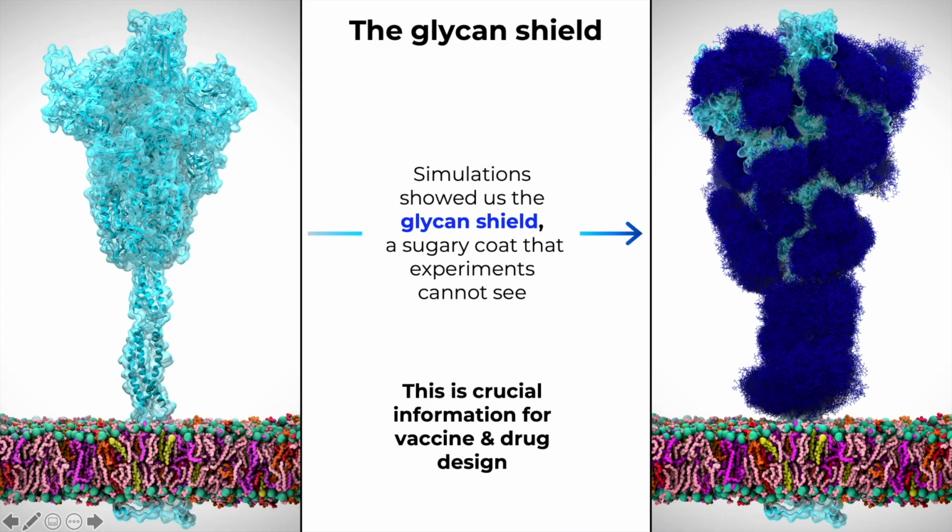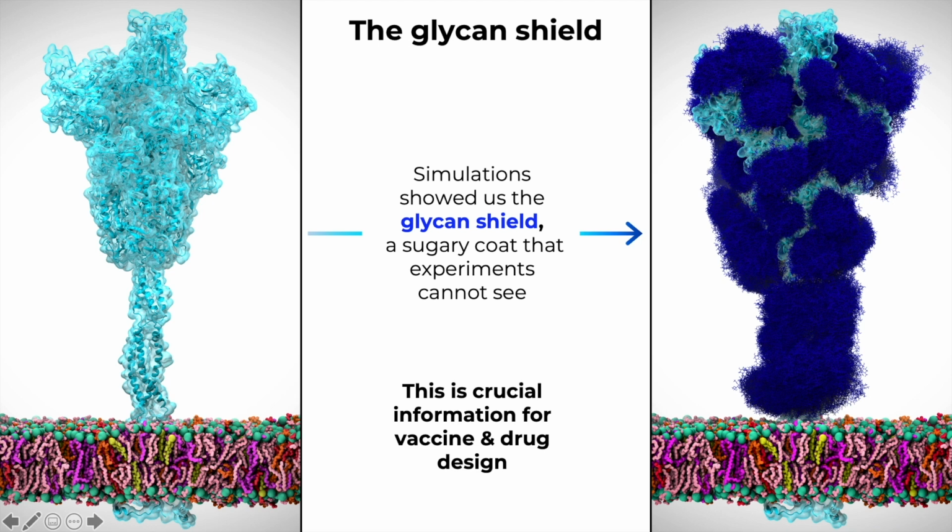Thanks, Arvind. In this last segment of the talk, I want to just touch on the highlights in terms of the science as well as the impacts for HPC. And I'm going to start with what's turned into an iconic image, which is of the spike protein. On the left, what I'm showing is what the spike protein was thought to look like before simulations. And on the right, you can see how different it actually looks when one simulates and includes those glycans that experiments cannot see.